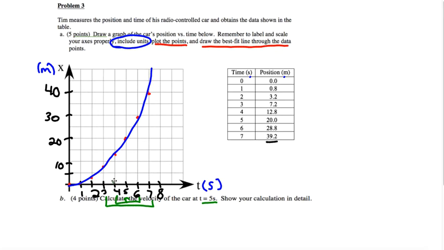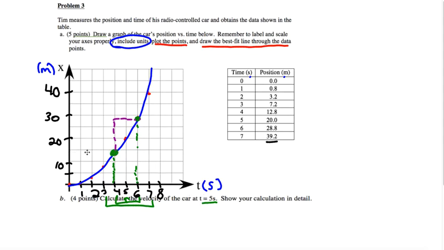So from 4 seconds, it's at this position. At 6 seconds, up here, it's at that position. What I want to do between this point and this point is find my rise divided by my run. Okay, so rise divided by run. Between those 2 points will give me the velocity at 5 seconds.